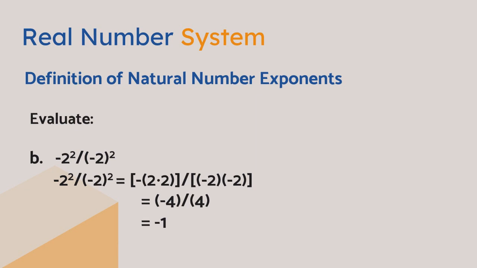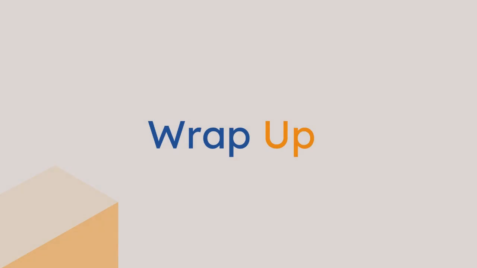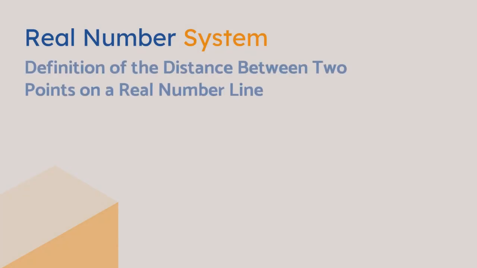So that ends the example for the definition of natural number exponents. So let's try to wrap up. This session we'll learn two things. First is the definition of the distance between 2 points on a real number line.